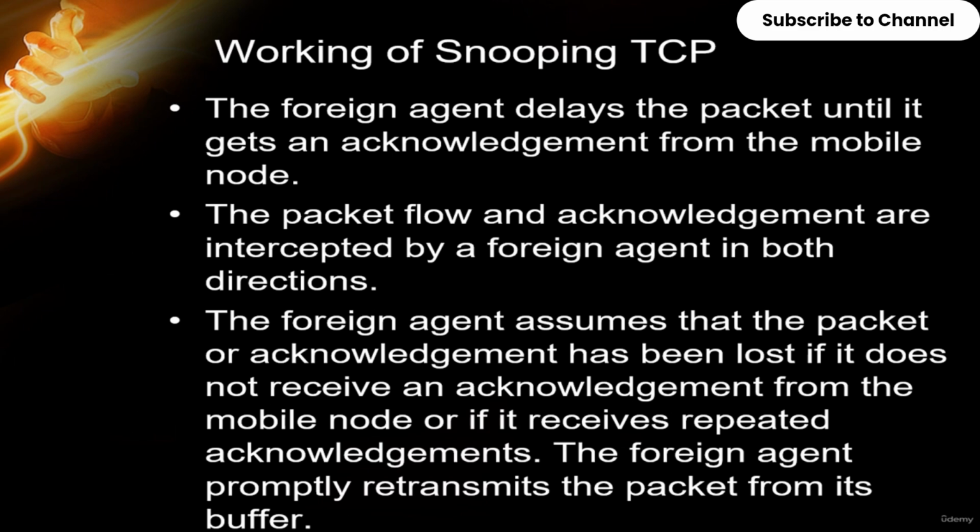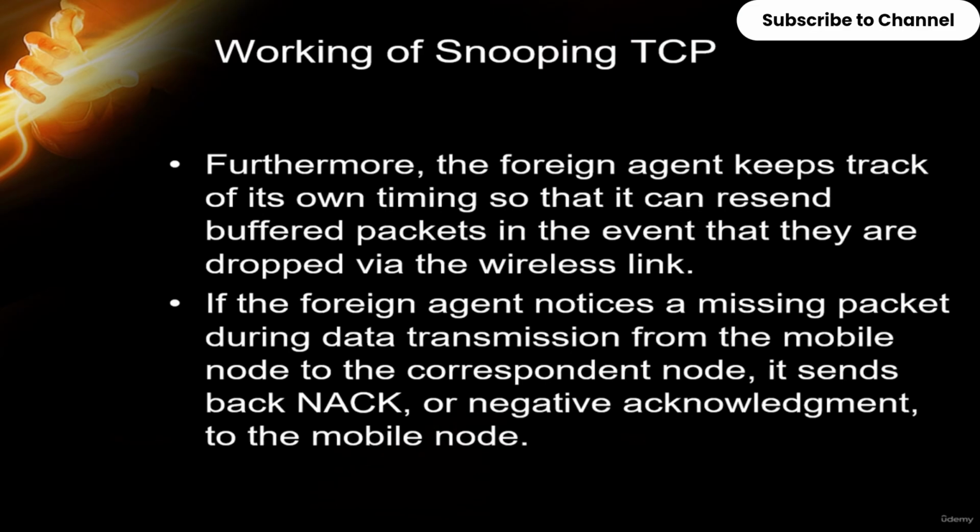And if the acknowledgement is lost, and no acknowledgement is received, or there are repeated acknowledgements, the foreign agent retransmits the particular packet from the buffer. The foreign agent also has some timing, where if the transaction has not succeeded within the particular time, it can resend the buffered packets to the wireless link.